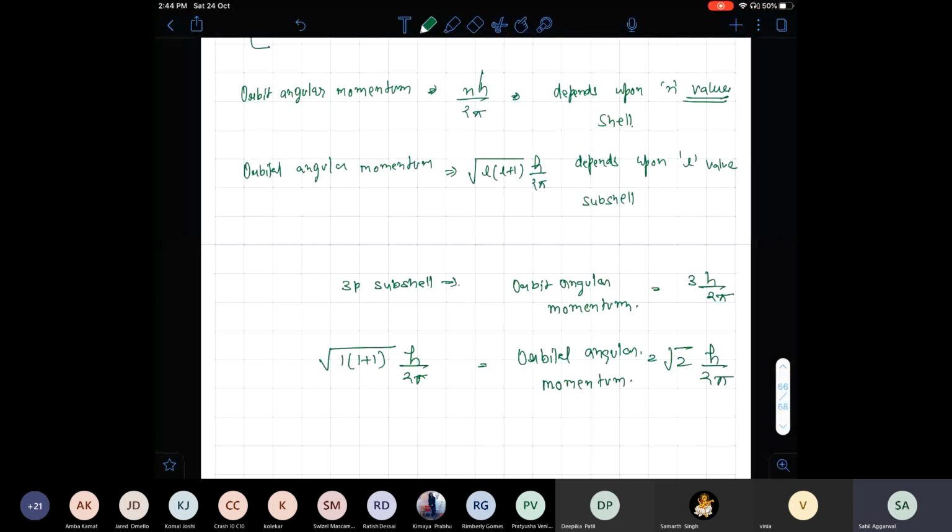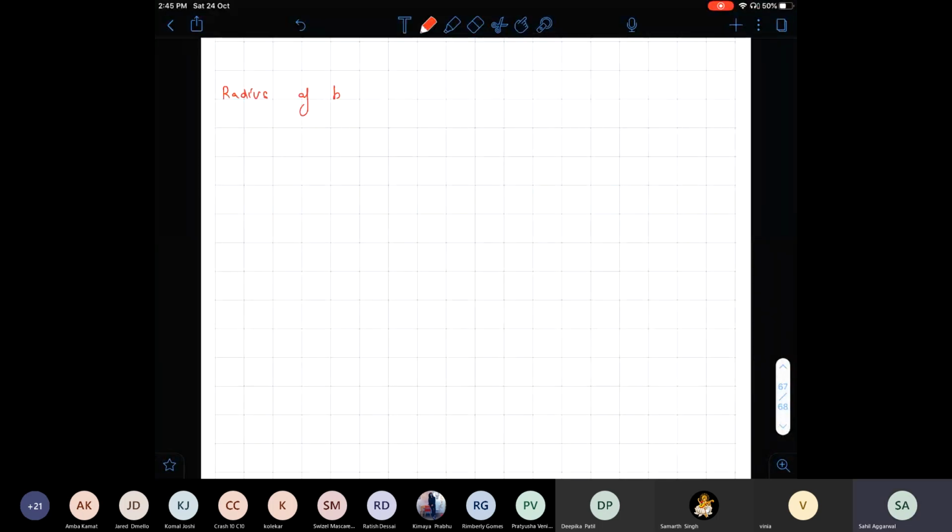So now we have an important thing, that is radius of Bohr orbit. Velocity of electron in Bohr orbit.